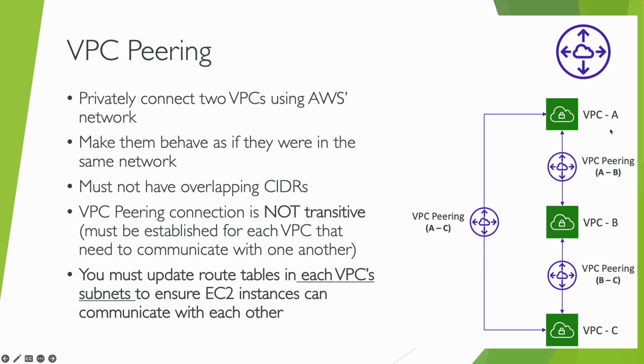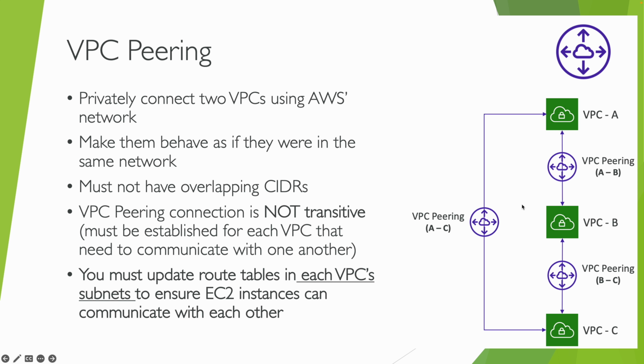VPC peering makes them behave as if they were in the same network. The communication happens in the private network, because these VPCs are all created inside AWS, and instances created in AWS can talk to each other using private IPs. It won't use the internet or public IPs; it connects through the private network of AWS.